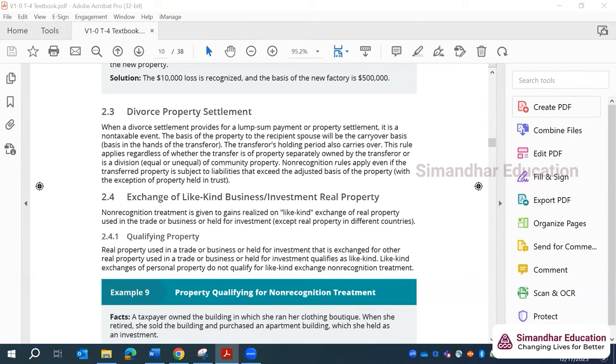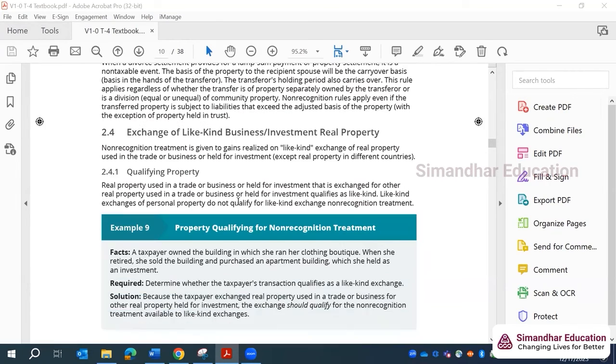Okay. The next topic that we are going to do is the like kind exchange. Now, like kind exchange. What do we understand by that? Exchange means we are exchanging something for something.